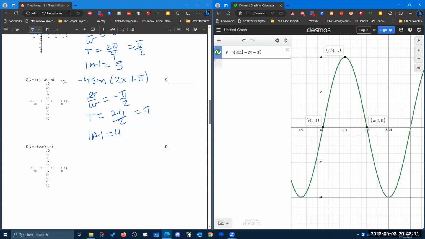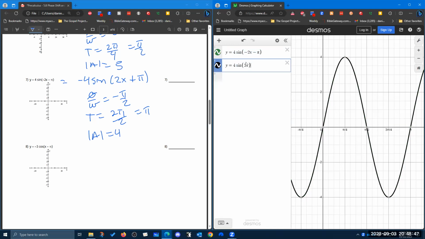It looks like it's just going to be sine of 2x, and if I knew some difference identities I could show you why that is, but let me just tell you that if I make this a 4 sine of 2x, it's the same thing.